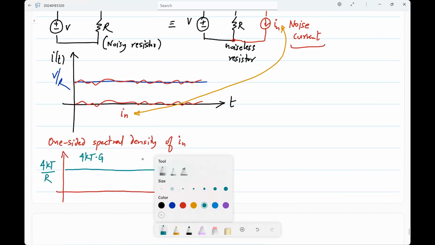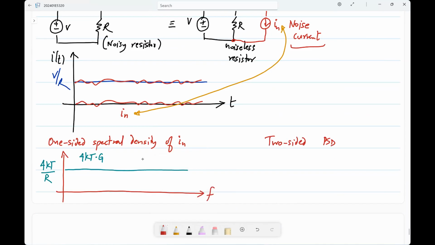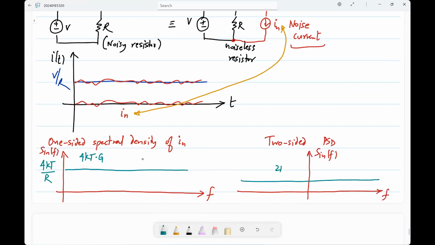Now, if you have occasion to use two-sided spectral density, if you need it, this is denoted by SIN, right? That is the spectral density of IN, and that would be 2 kT by R. Okay, but we'll use the one-sided spectral density in most cases, right?